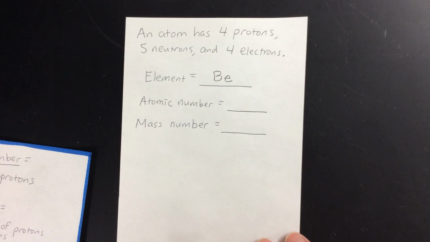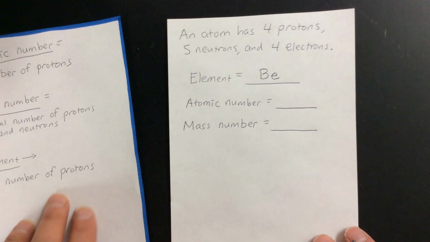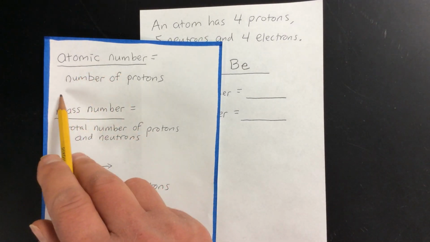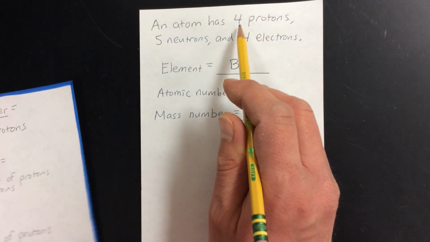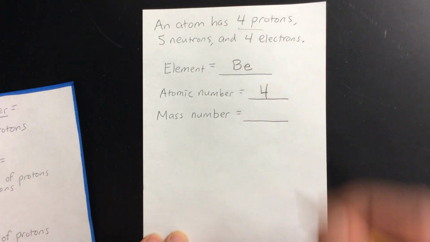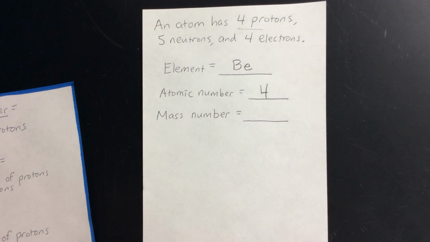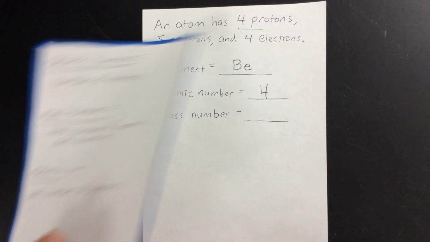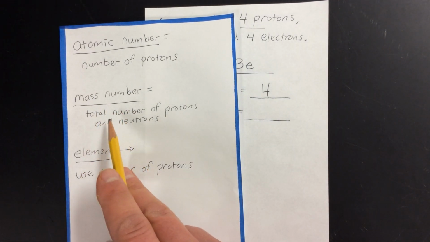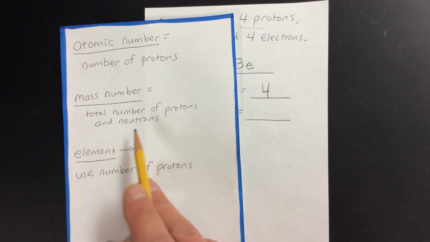All right, next up, there's the atomic number. Well, if I look at my cheat sheet, I know that the atomic number is equal to the number of protons. Well, this has 4 protons, so the atomic number is just 4. And last but not least is the mass number. So, if I look at my cheat sheet, the mass number is equal to the total number of protons and neutrons.